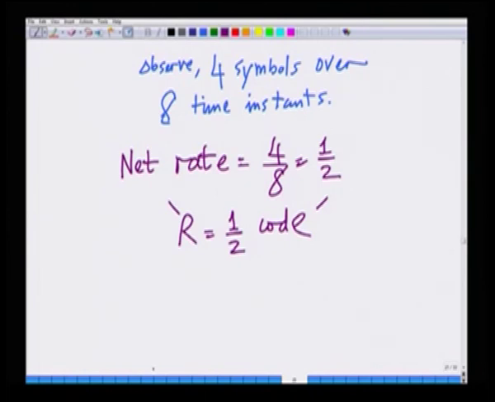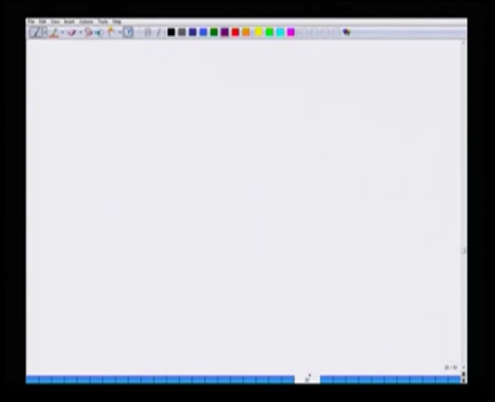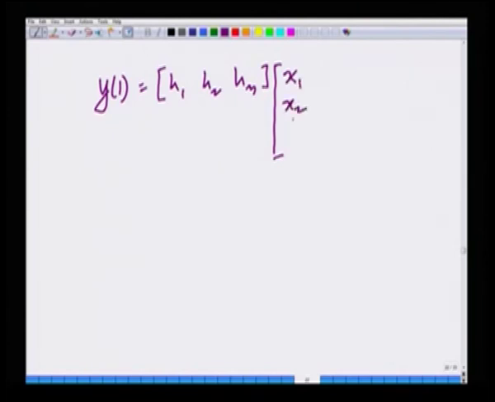Now, what I am going to do is first illustrate how this can be written. Let us consider the first received symbol corresponding to this code: y1 equals h1, h2, h3 into x1, x2, x3. These are the 3 transmit symbols and these are the 3 antennas.